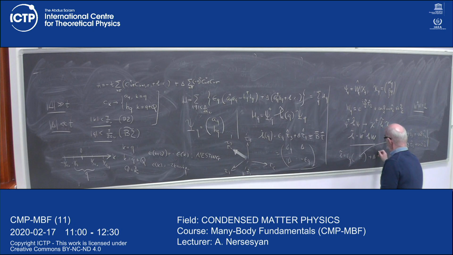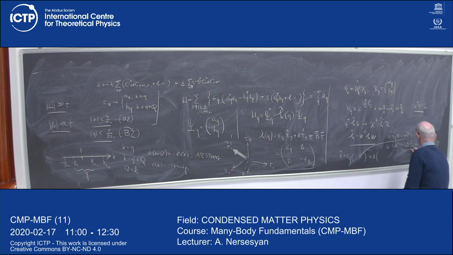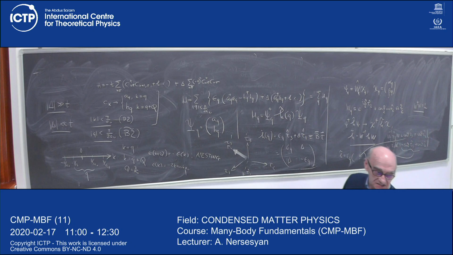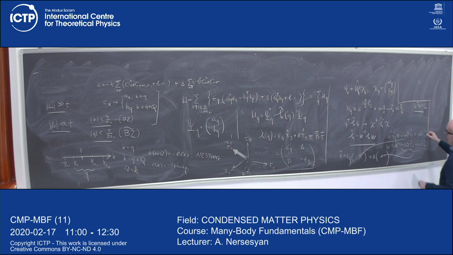And plus delta, and then I would have to push all this thing here. And I will collect terms with tau 3 and with tau 1. And I would say the coefficient in front of tau 1 must vanish. And that will define the appropriate value of theta.